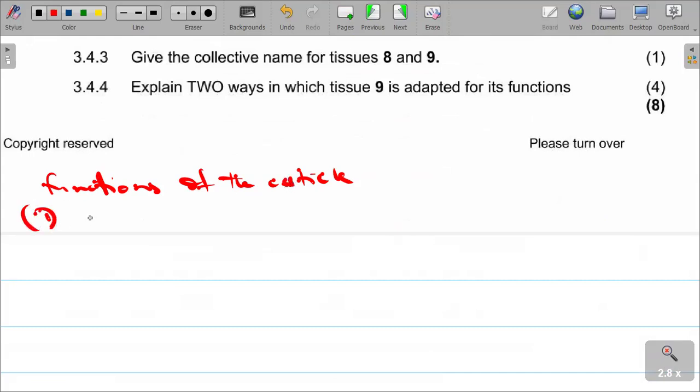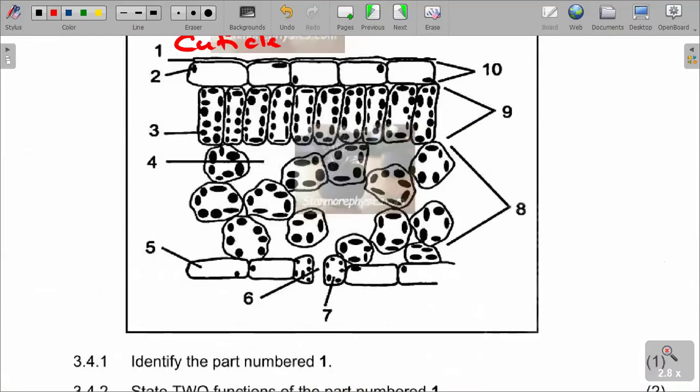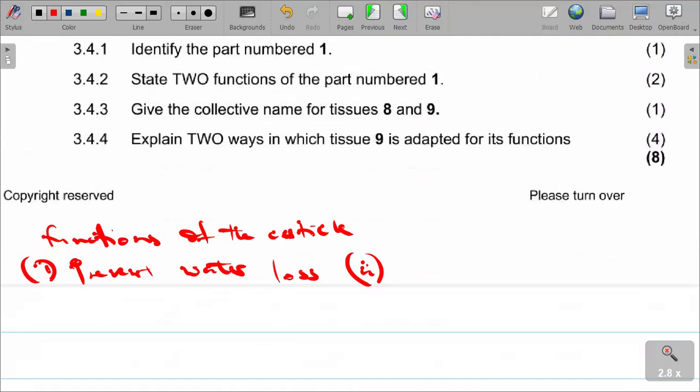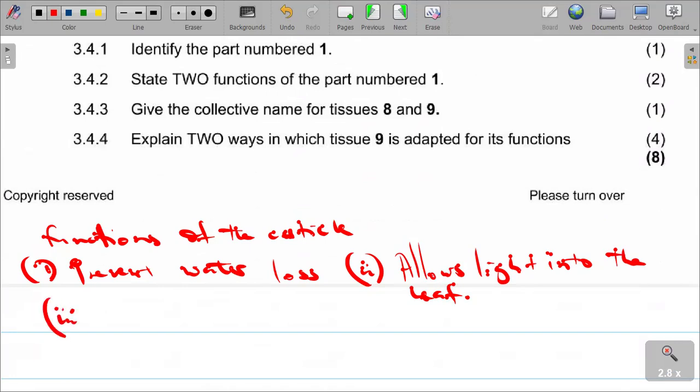One, it prevents water loss. It is shiny so that water cannot be lost rapidly or excessively from the plant. It also allows light into the leaf, also because of its shininess.